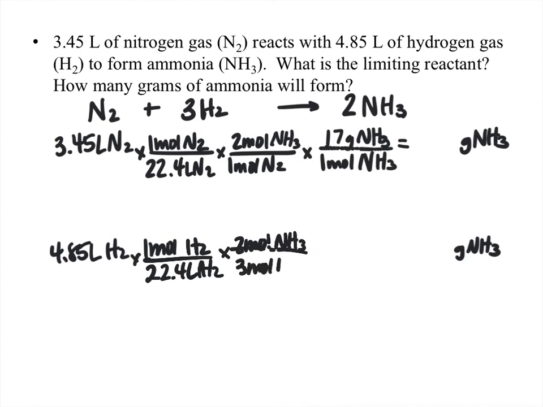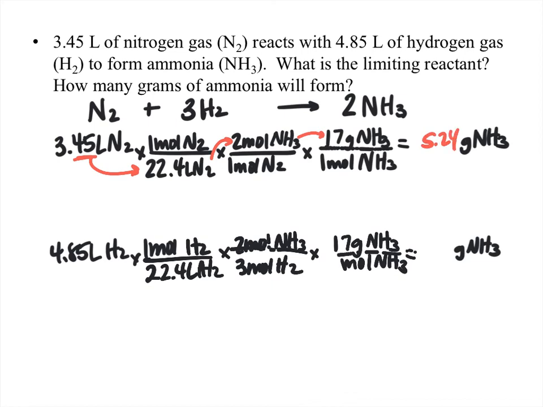And then the ammonia is 17 grams per mole. Now when I do my math, it's 3.45 divided by 22.4 times 2 times 17, and that gives me 5.24 grams of ammonia. Next setup would be 4.85 divided by 22.4 times 2 divided by 3 times 17, which gives me 2.45 grams of ammonia.